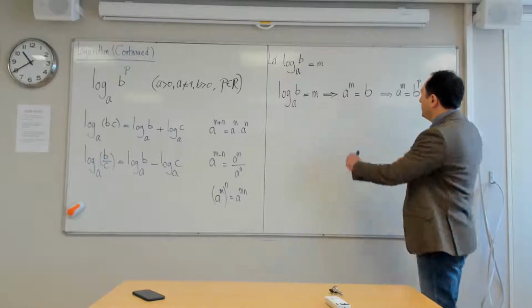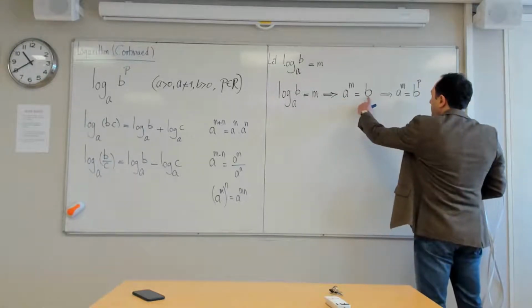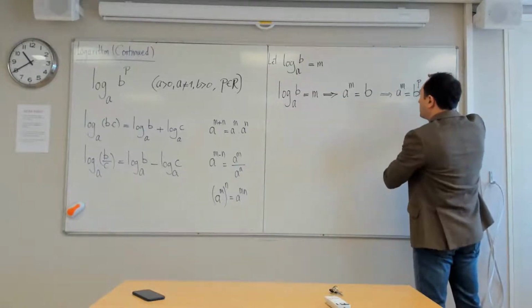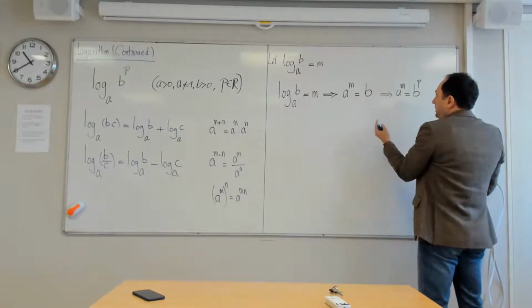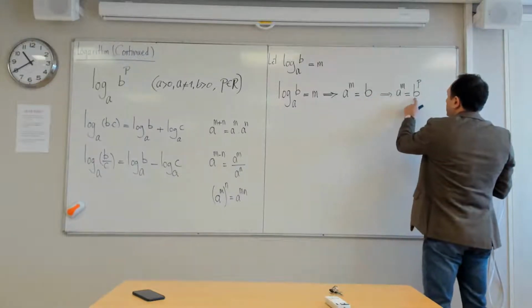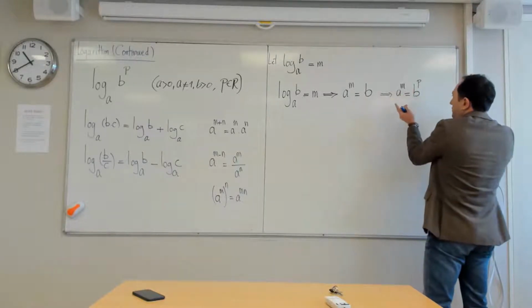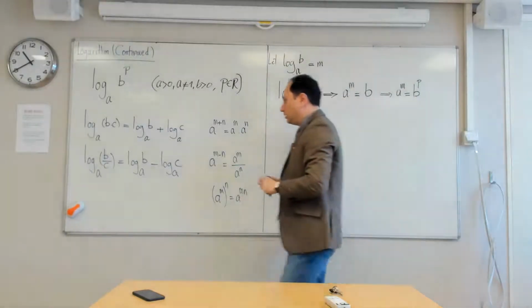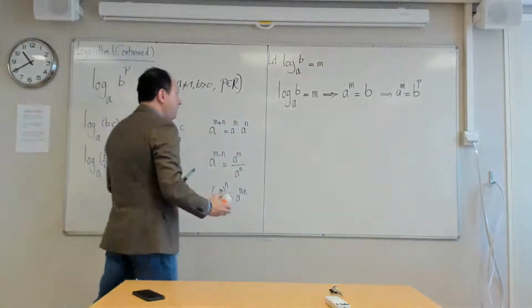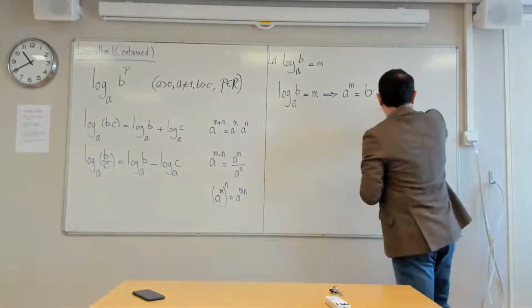What you say is that I have equality, I raise both sides to power p. I am not allowed to just replace. This is not raising to power. What you are doing is replacing b with b to the p, which is not allowed unless you do the same thing for both sides, not just one side.